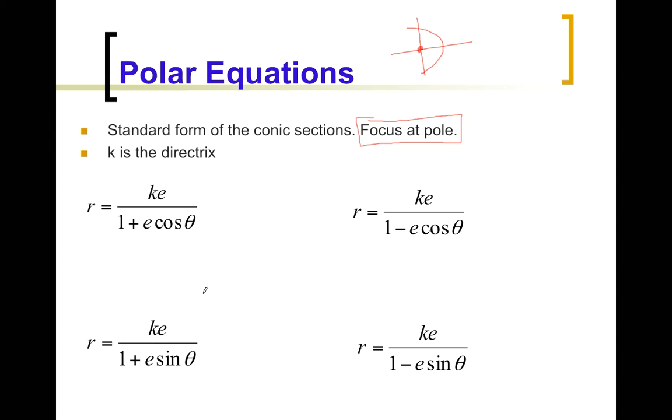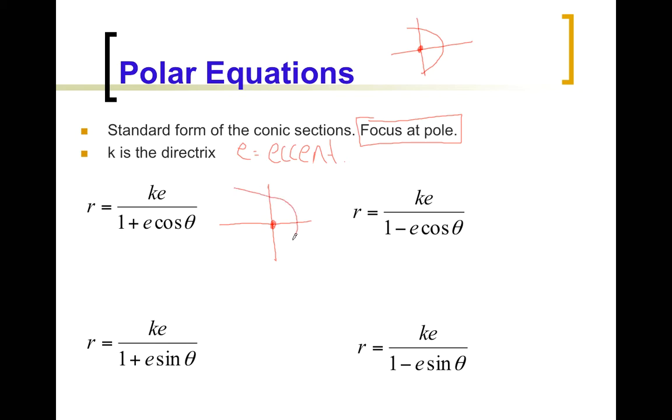So what we're going to do is sketch a little graph for each of these. Notice what's different in all 4 of these: 1 plus e cosine, 1 minus e cosine, 1 plus e sine, 1 minus e sine. And k is the directrix, and e, which I didn't write up here, is, you might have guessed it, eccentricity. So for the first one here, the pole is one of my focus points.